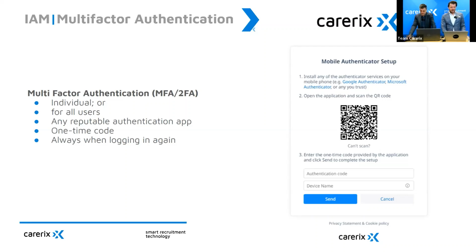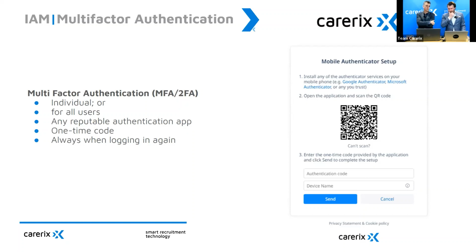MFA can be applied individually. Basically, it's always available for a user to set up MFA. But you, as an administrator, can also decide to force each and every user to have MFA set up. And that means that everyone that logs in will be forced to set up the MFA. The MFA will require an authentication app, which can be any reputable authentication app.